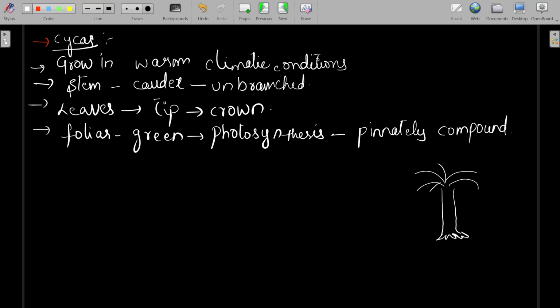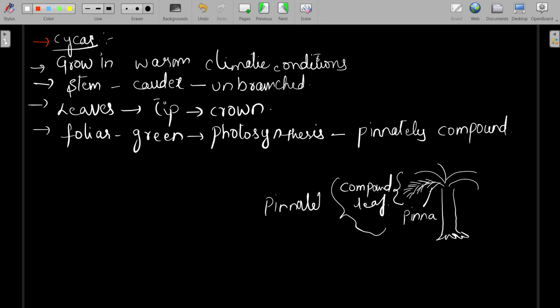One single leaflet is called a pinna, and this complete leaf structure is called a compound leaf. So effectively together it is called a pinnately compound leaf.